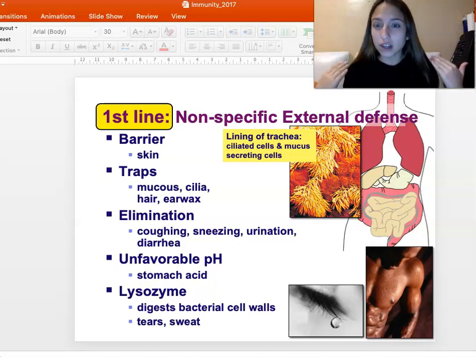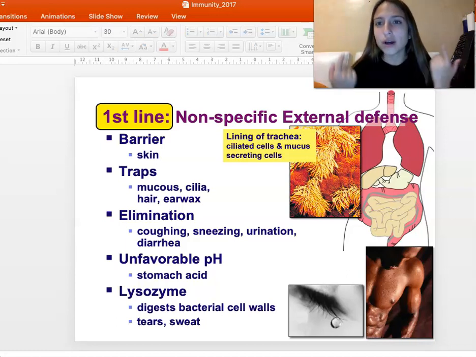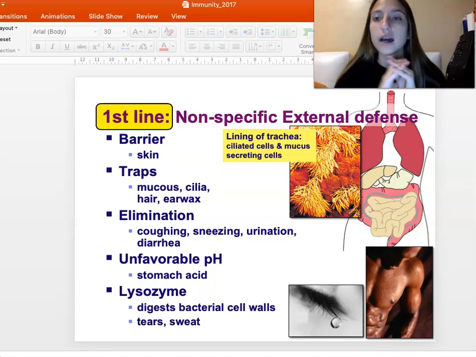Different fluids have a lot of this, for example, saliva has a lot of lysosomes. So again, it complements your stomach acid, so it breaks bacteria or pathogens down the minute they get to your mouth. Your tears, sweat, and different types of bodily fluids also contain these lysosomes to make sure that they are breaking everything down and keeping you safe, not allowing any bacteria or different pathogens to infect you.